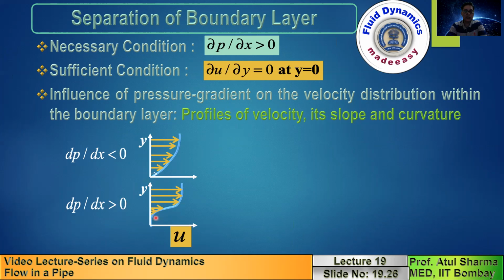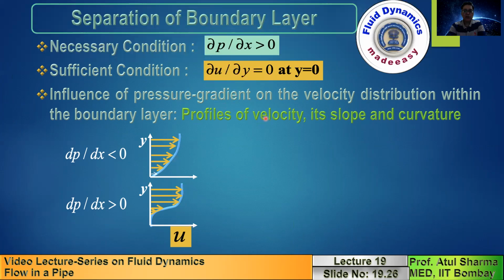So this is the sufficient condition. Under this condition, you can say that there is an onset of flow separation. When you have this condition, it is guaranteed that flow separation has occurred. So adverse pressure gradient is a necessary condition, and the normal gradient of tangential velocity equal to 0 at the solid surface is the sufficient condition for flow separation.